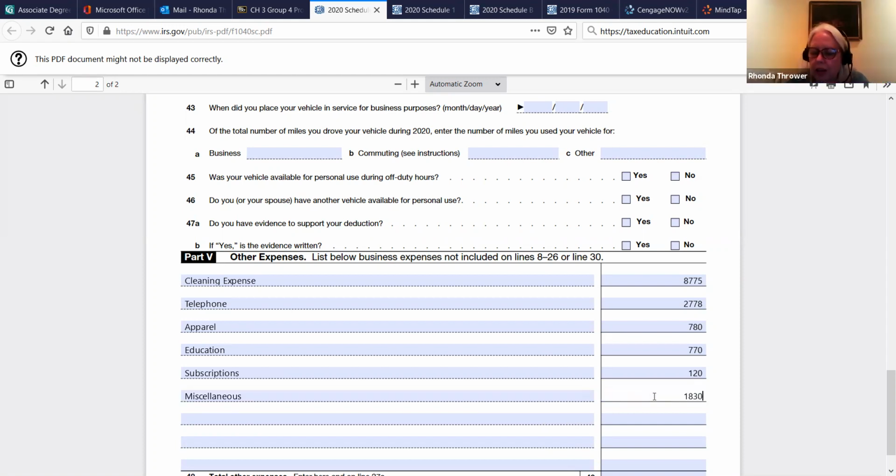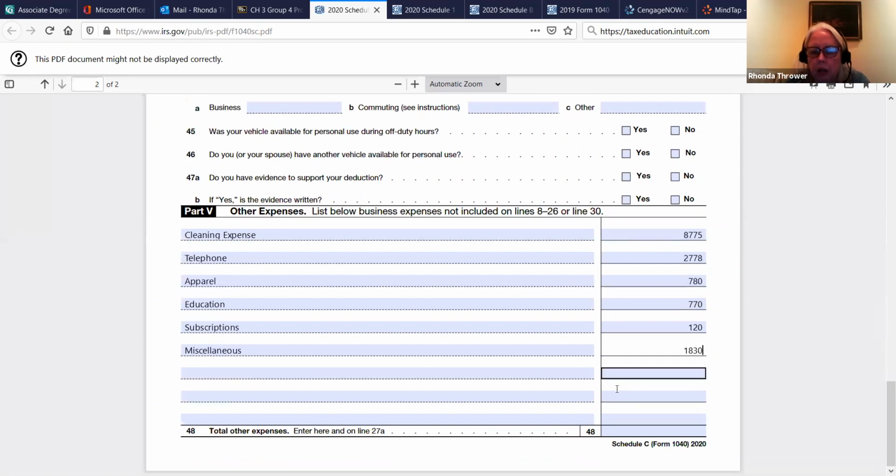And what I do, class, is I check them off as I go, just to make sure I've got all of them written down. It's a good idea to do that, I think. And now you want to total the other expenses. You're just going to add all these up. 15,053. And that 15,000, you see where it goes?